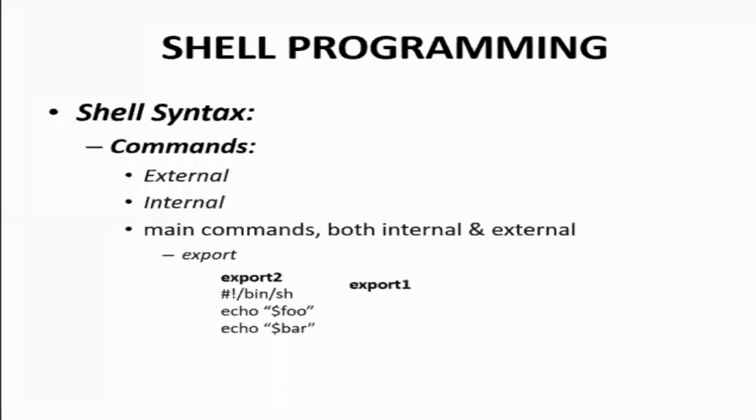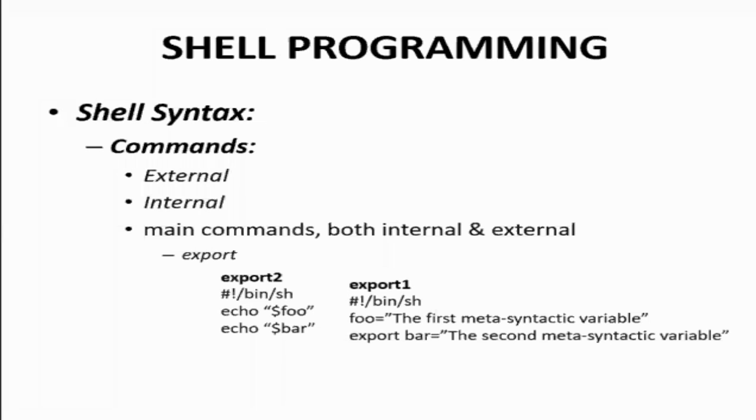Now in export1, I have the lines of code, followed by the shebang line: foo equals some value and bar equals some value. But if you observe, I have written the export command for the variable bar, but not for the variable foo. And at the end of the export1 script, I have added export2.